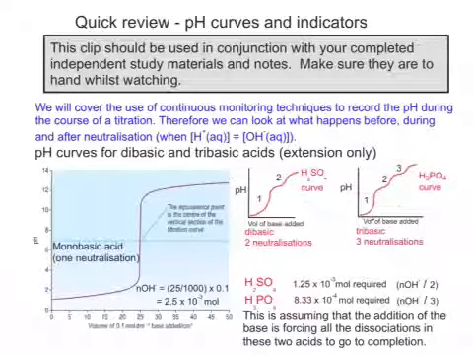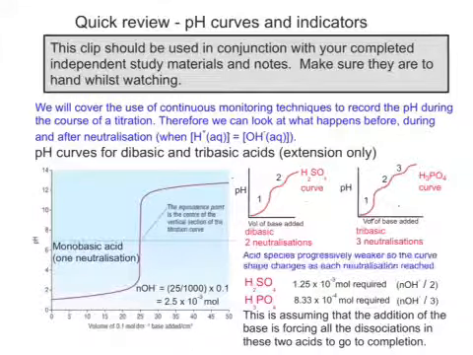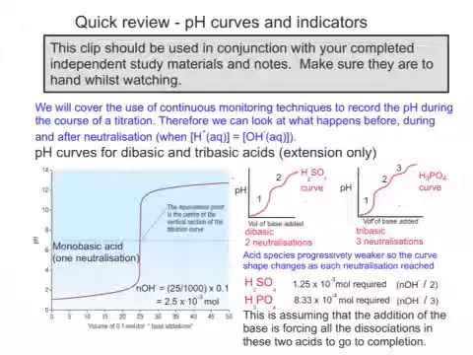But looking at H2SO4, which is dibasic, and H3PO4, which is tribasic, you'll get 2 and 3 separate neutralisations. So as you move through the neutralisations by adding more and more base, the curve shape actually changes because each neutralisation will be more and more a weak acid species being neutralised.